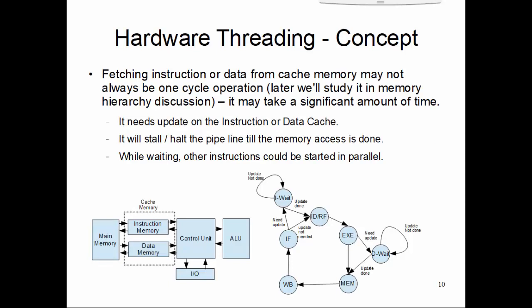So basically, let's see what type of problem hardware threading addresses. As I said earlier, in the modern computing age, we follow a mixture of von Neumann architecture and Harvard architecture.